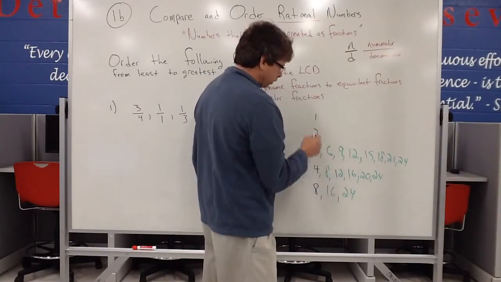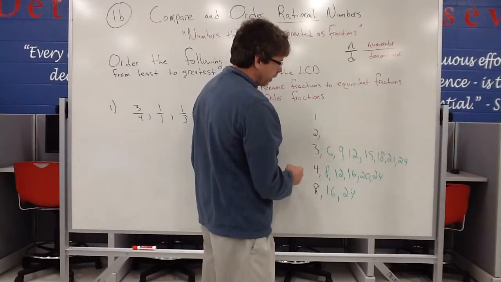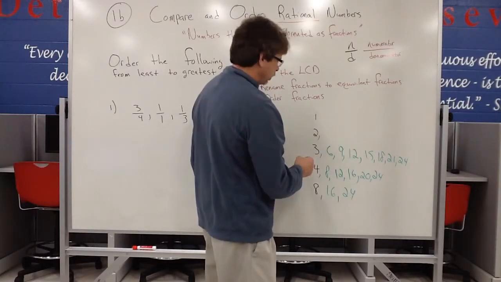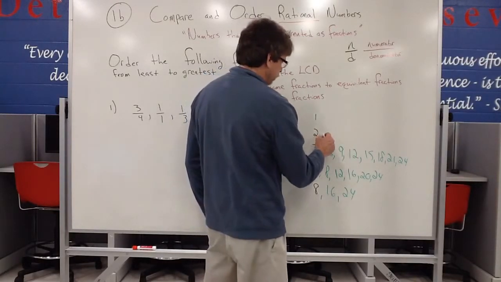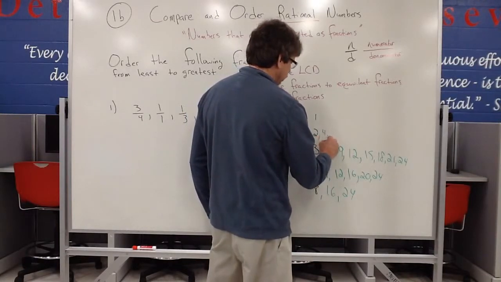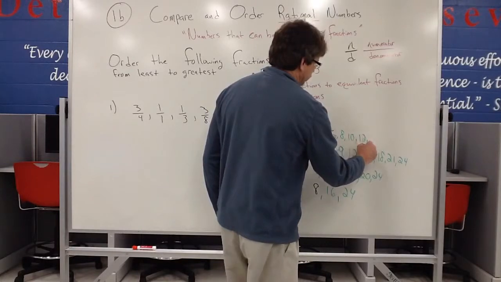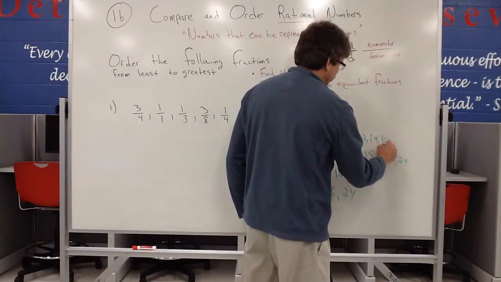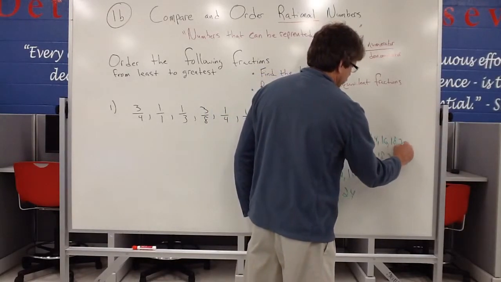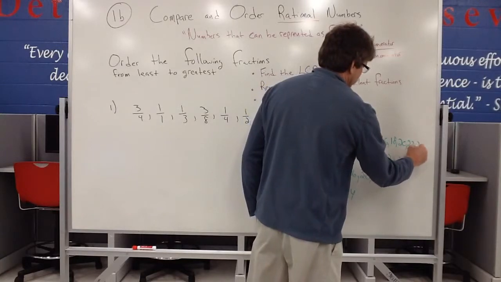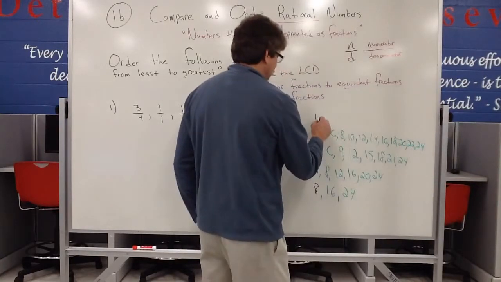And I'm kind of saying, well, 2 would also have a multiple of 24, I believe. 2, 4, 6, 8, 10, 12, 14, 16, 18, 20, 22, 24. So it would be out there.